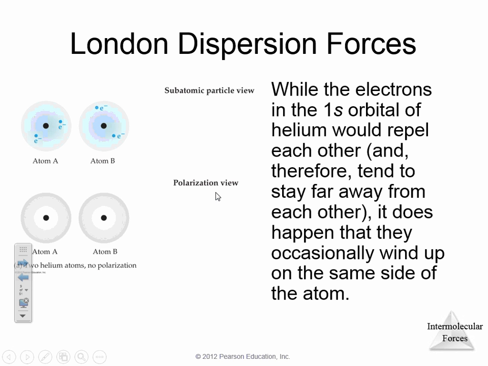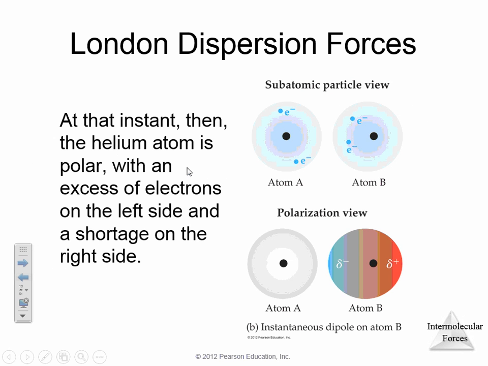As you can see here in atom A, and here in atom B, they're typically on opposite sides of the atom. So no polarization would happen. Typically that's what happens. However, occasionally it's possible that they happen to end up on the same side of the atom.